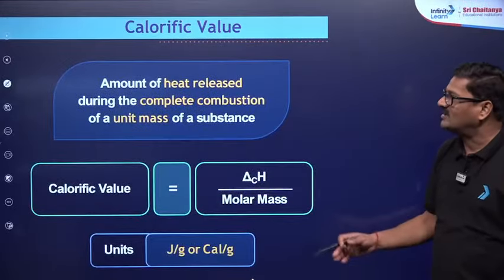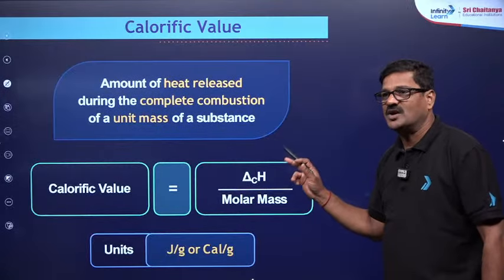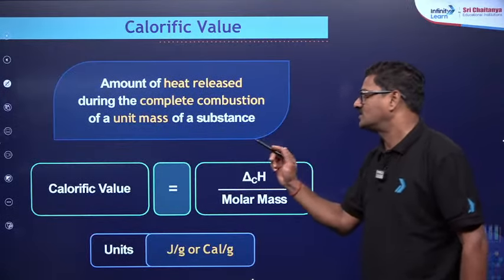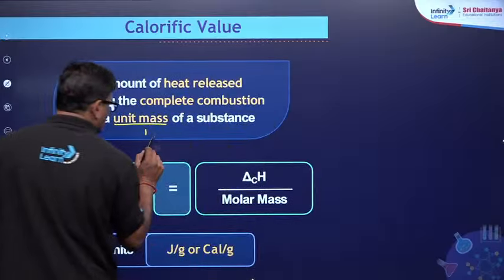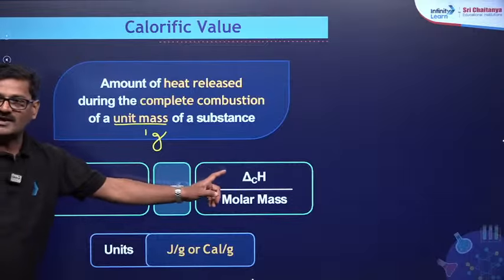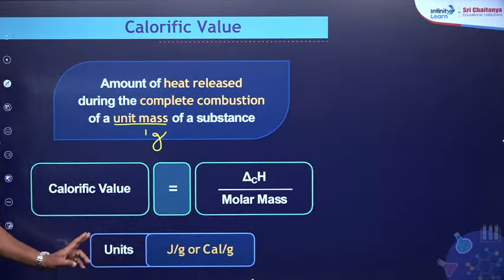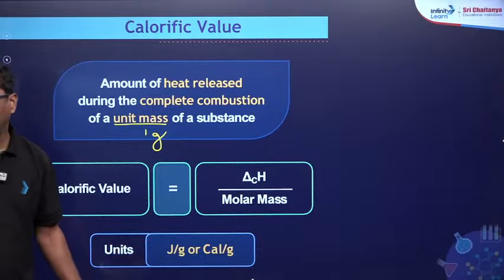And you see here in the calorific value, the amount of heat released during the complete combustion of a unit mass, generally 1 gram of the substance. So calorific value is enthalpy of combustion upon molecular weight, and it is joule per gram or calorie per gram.